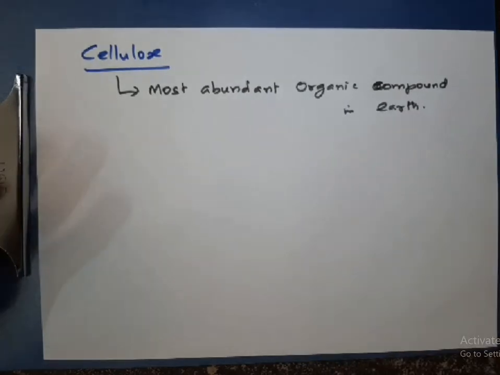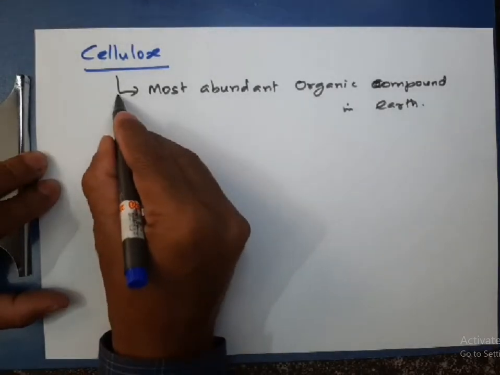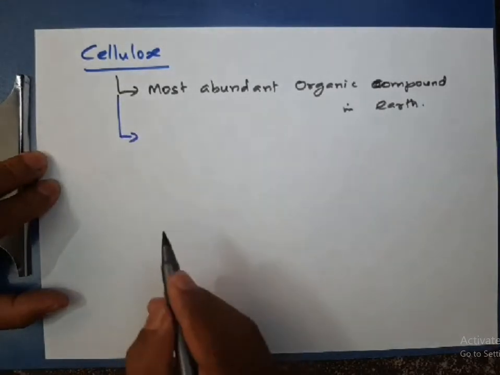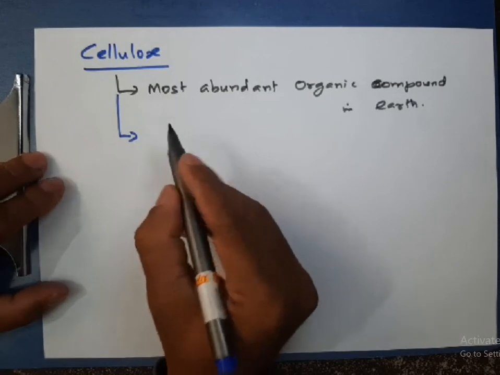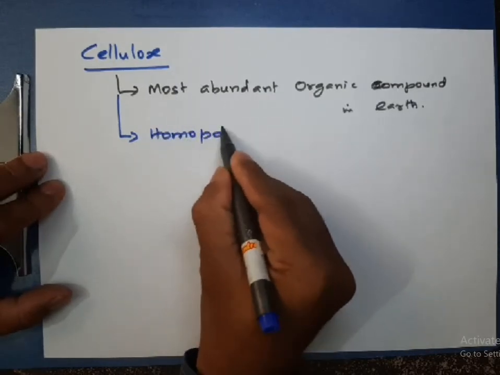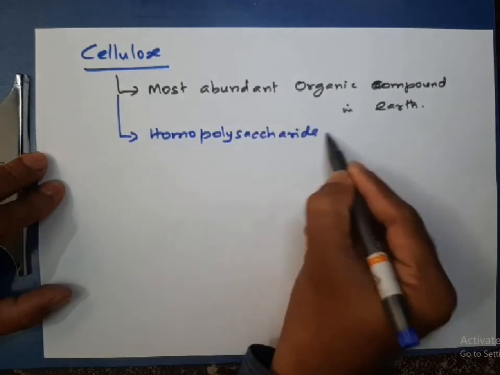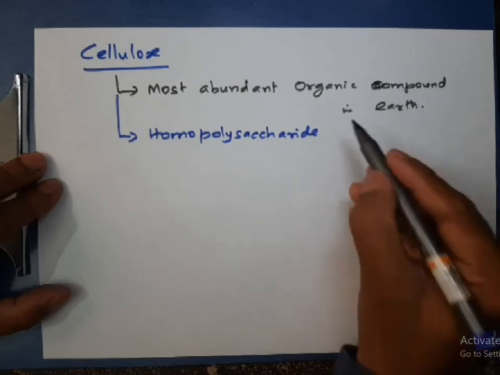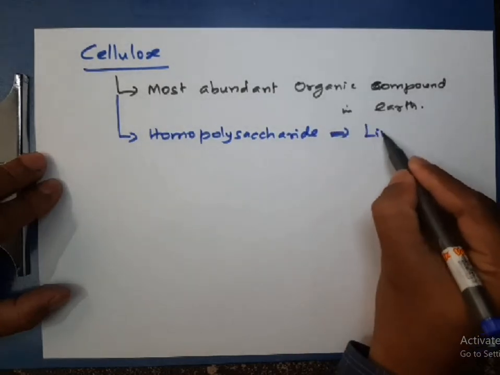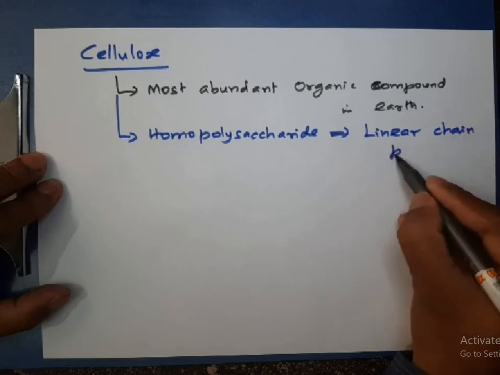And cellulose is a homopolysaccharide. So it is a homopolysaccharide, and this is also a linear chain polysaccharide.